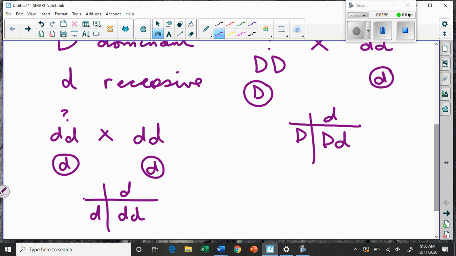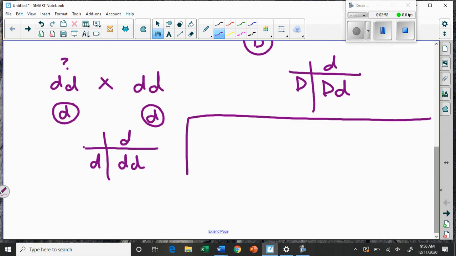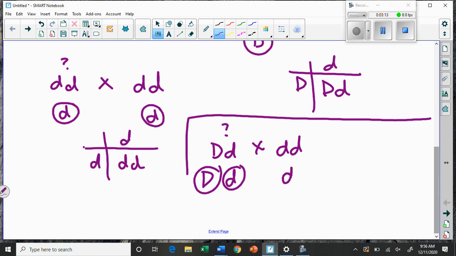The only way to get a combination of light and dark hair is with the third possible cross, which I'll try to squeeze in here. That would be our unknown parent being heterozygous. If we did that cross, this parent could now produce two different gametes, and this parent could only produce one. So our cross is a little bit bigger.